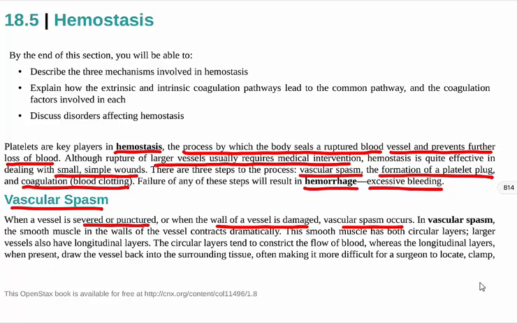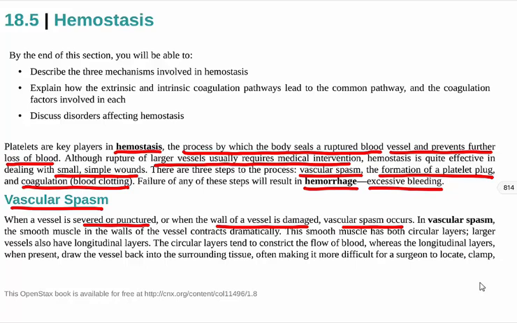When a vessel is severed, like a cut with a knife cutting through some capillaries, or punctured, like a stick with a pin, which can cause some bleeding because you've punctured the wall of a blood vessel, or when the wall of a vessel is damaged, that can be internal damage, meaning if there's high blood pressure that damages the blood vessels, or if there's a bacterial infection or some sort of parasite that's damaging some blood vessels, then this same process is going to happen.